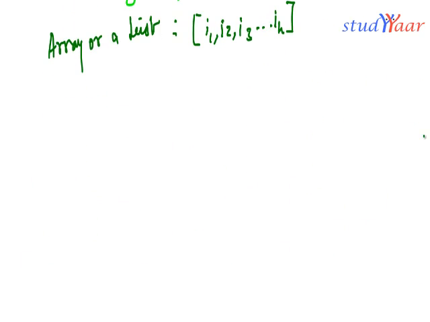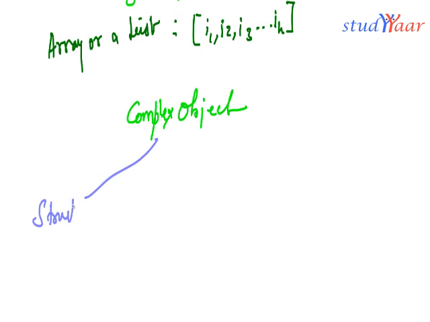Another thing in complex objects that an object-oriented database supports is that the complex object itself can be of two types. It could be a structured complex object, or it could be an unstructured complex object.